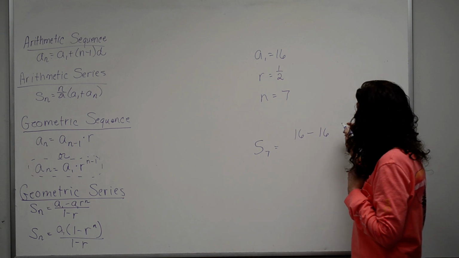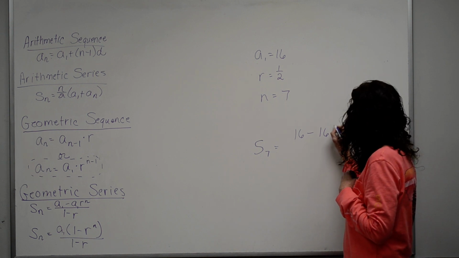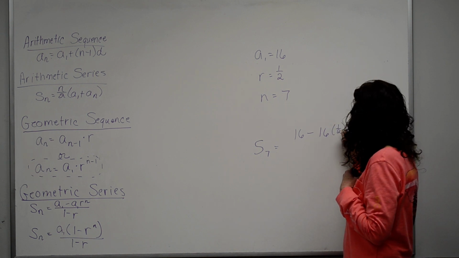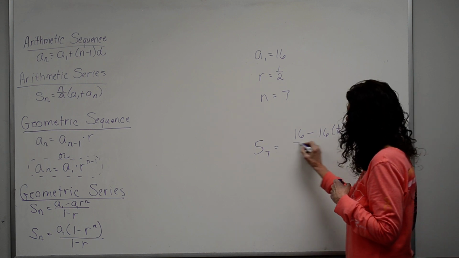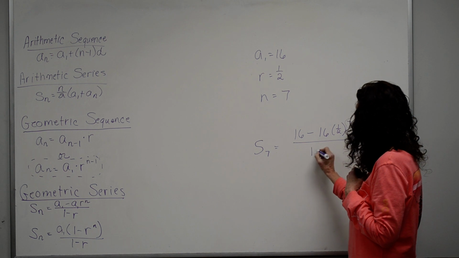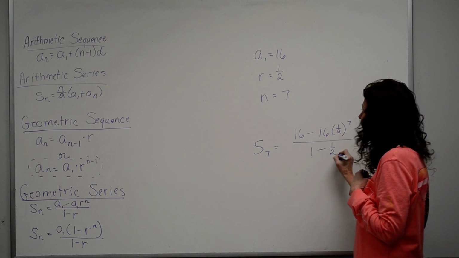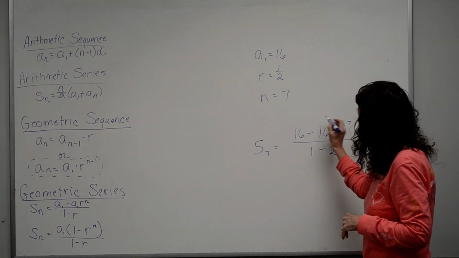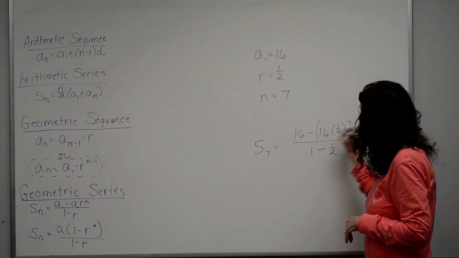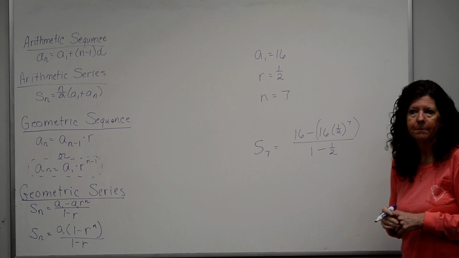Okay, 16 minus 16 times 1/2 raised to the 7th power, okay, you with me? Over 1 minus 1/2. Now, you should be able to do this in your calculator if you put another set of parentheses right there.